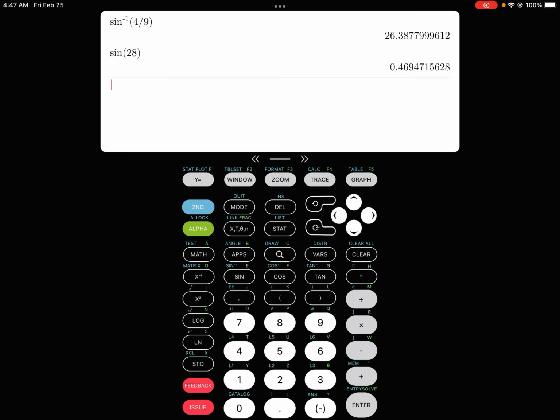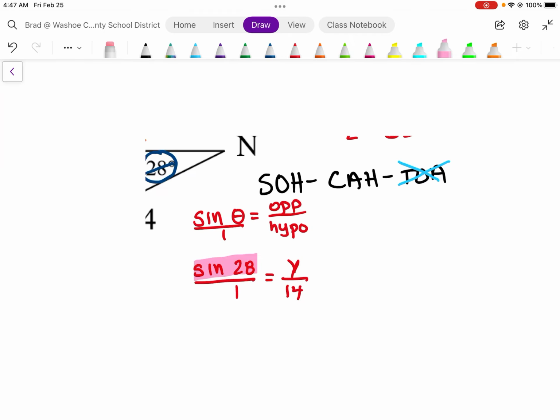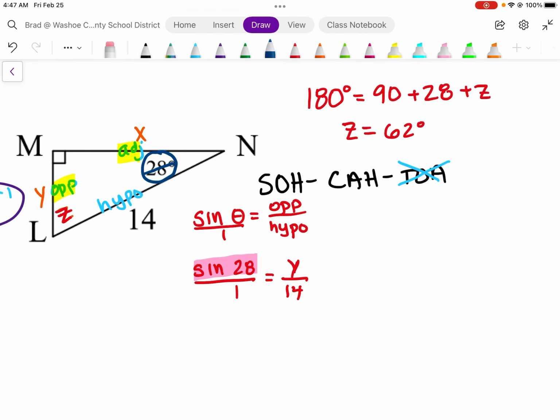I get 0.4694. I go 3 decimals; that's my magic number for sides. I look at that 4, and since it's under 5, I'm just going to leave it as is, not round up. So this becomes 0.469 over 1 is equal to y over 14.